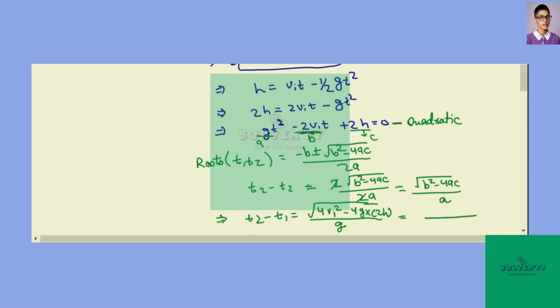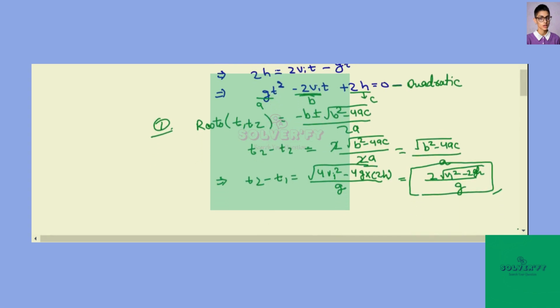We can take the 2 outside: 2 root over vi square minus 2gh, upon g. This is our final solution of part A.